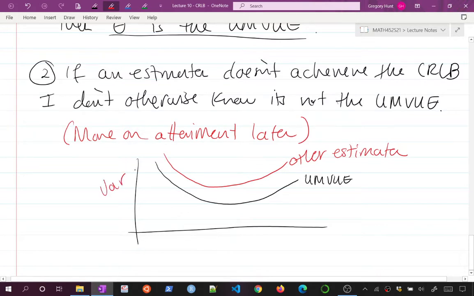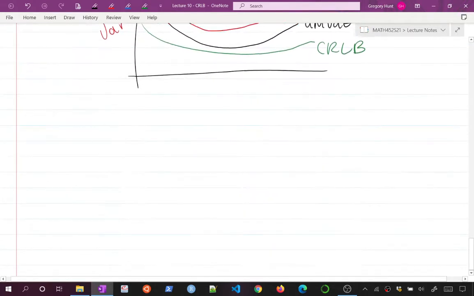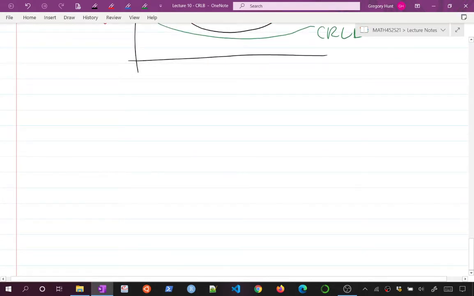The y-axis is variance, and you have the Cramer-Rao lower bound down here. This would satisfy the theorem, right? The best estimator has a variance not smaller than the bound, doesn't ever hit the bound, but it's not smaller, and everything else is bigger than it. So this would be the UMVUE, even though it didn't actually hit the bound. Turns out, for one parameter exponential families, this is not really an issue, but we'll talk about that later. But in general, you do have to be a bit careful there.